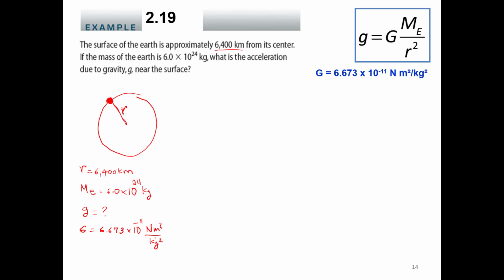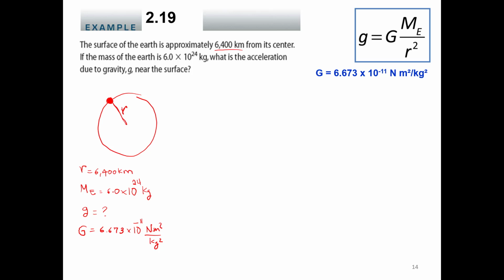The next thing we need to check is the units, if the units are consistent. Then let's see, we have kilograms here, we have kilometers, and here we have meters. Then we have a problem: we need consistent units.